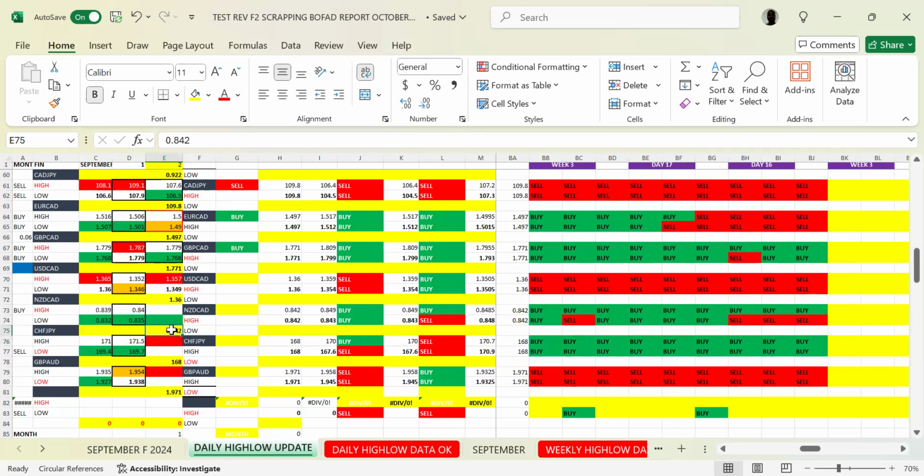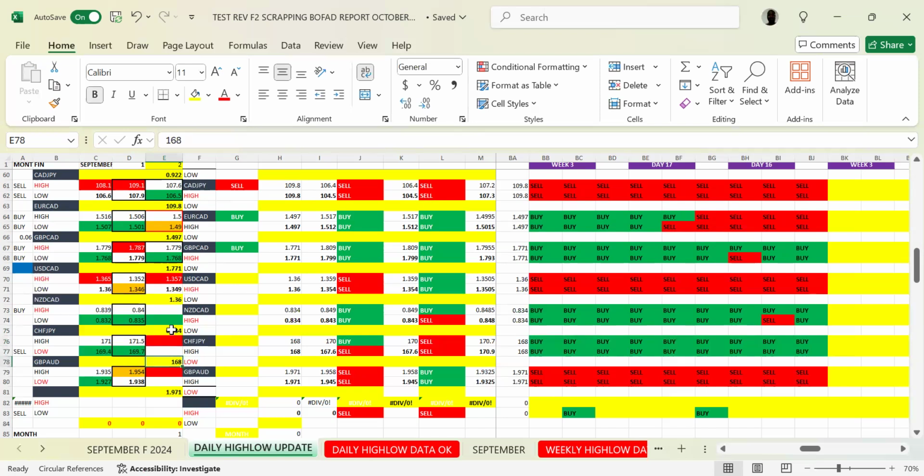At 0.862, you can see that it's a sell all the way. And currently at 0.834, you can see it's trading back to a buy.